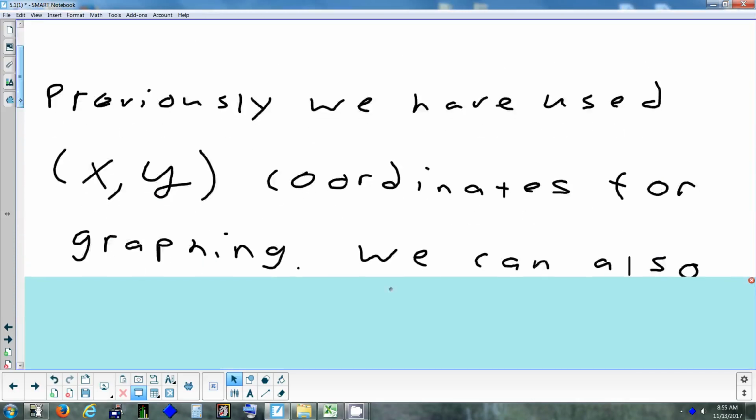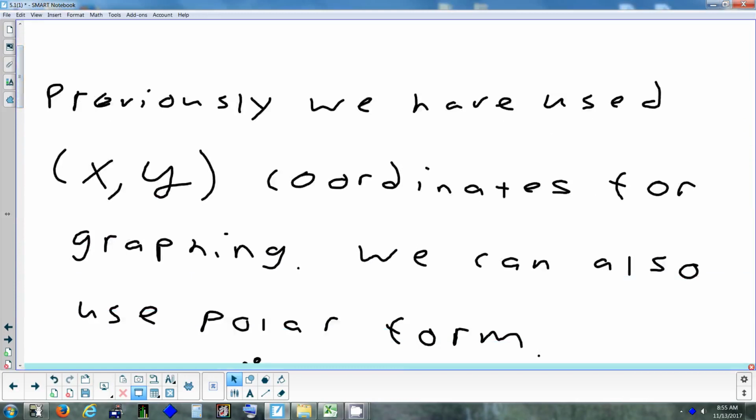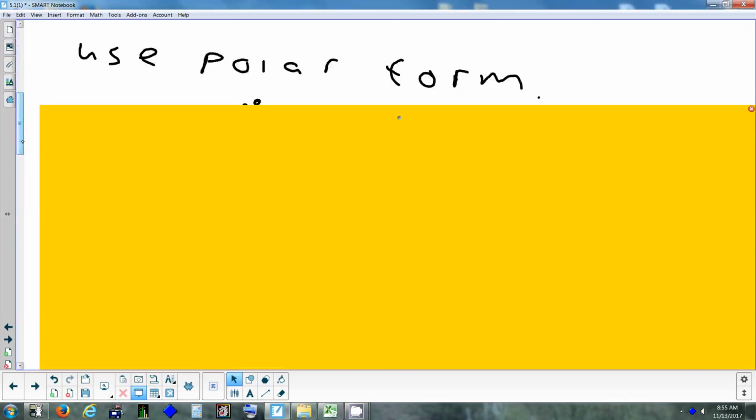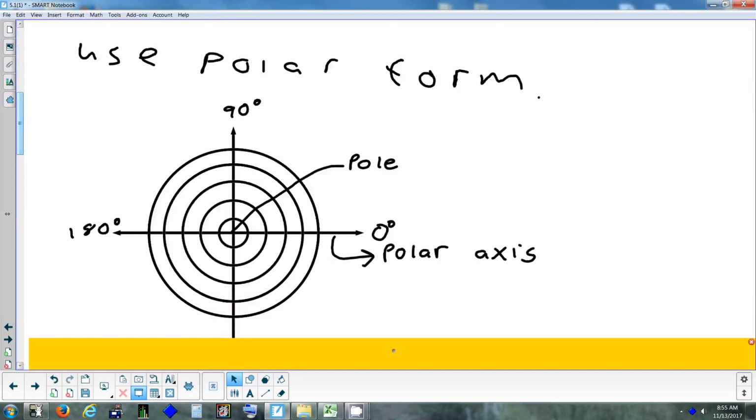All right, so this is just the kind of stuff you've done before. You've graphed with xy coordinates. We're going to look at polar. First big difference in polar is that the graph paper is not rectangular. It's not a grid. It's more of these concentric circles.